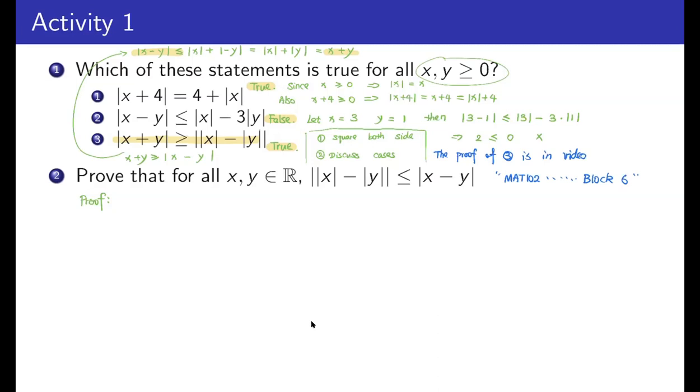Square both sides. Exactly. So we square both sides. Let me just write it down first. Why can we square both sides?